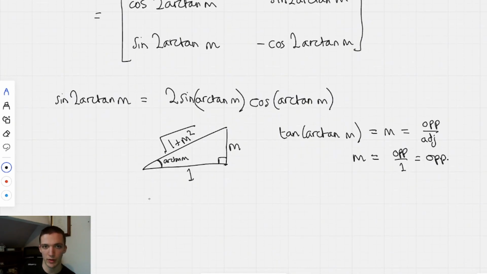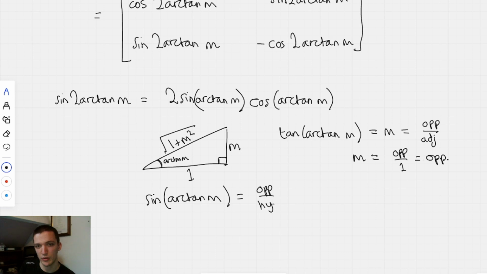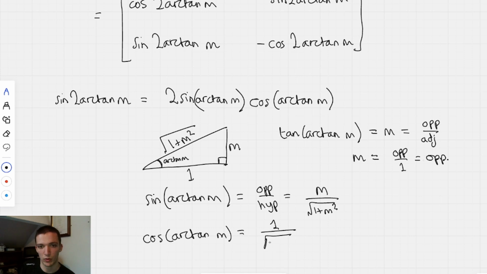Therefore, sine of arctan m is going to be, from SOHCAHTOA again, the opposite over hypotenuse, which in this case is m over root 1 plus m squared, and cosine of arctan m is going to be 1 over root 1 plus m squared, like so.